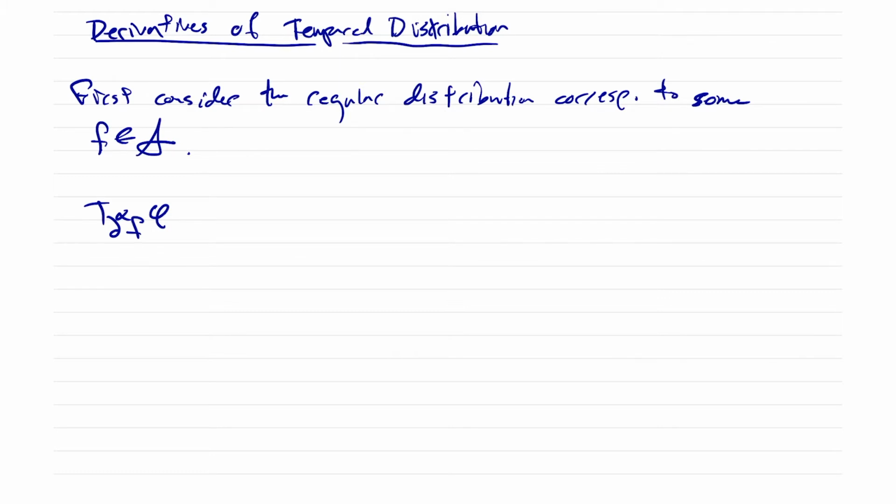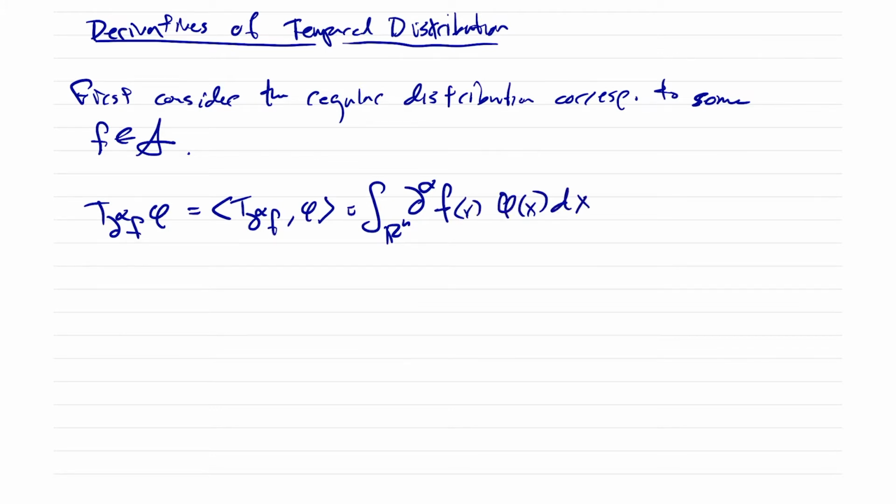And if we want to evaluate this, it is the same as <T_{D^α f}, phi>, which is the integral over R^n of D^α f(x) times phi(x) dx.